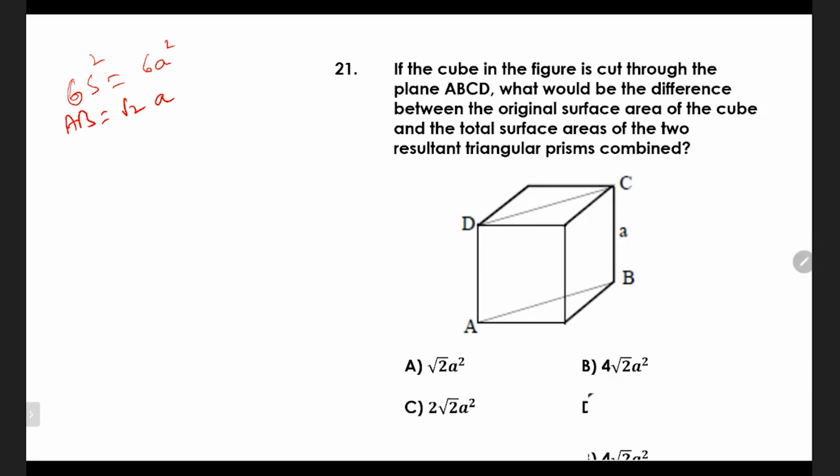If the cube in the figure is cut through the plane ABCD, what would be the difference between the original surface area of the cube and the total surface area of the resultant two triangular prisms? So triangular prism total surface area is LSA plus 2 times area of base.